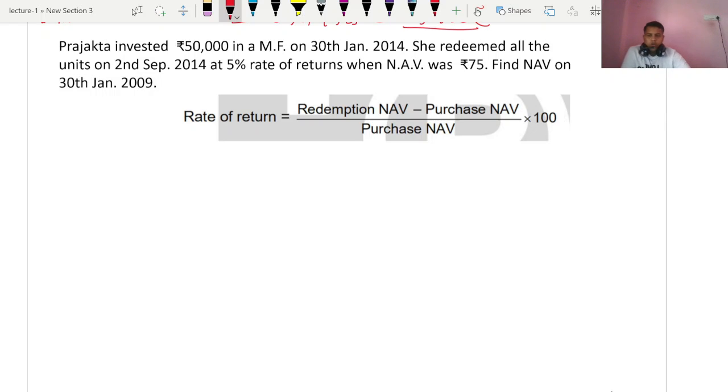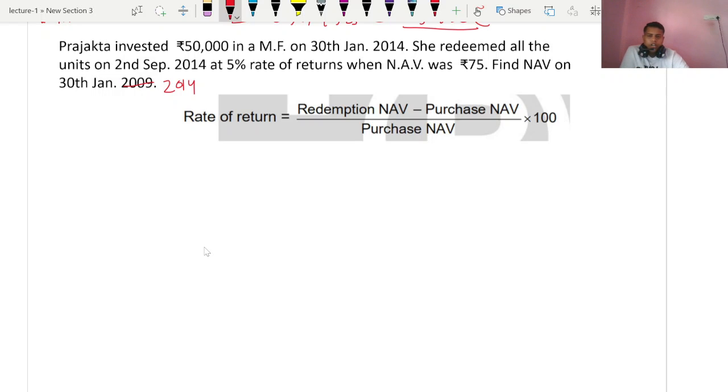Find the net asset value on 30 Jan 2014.